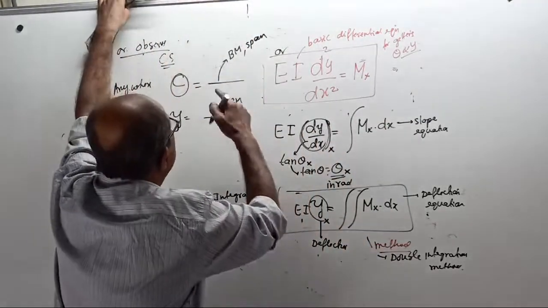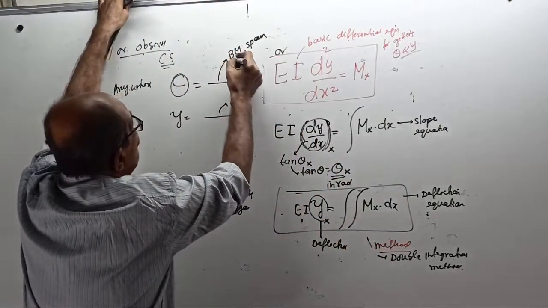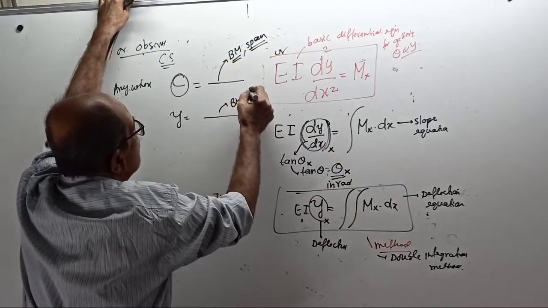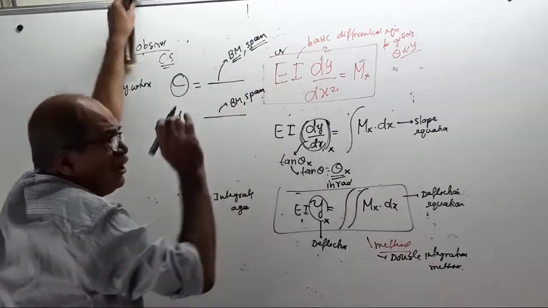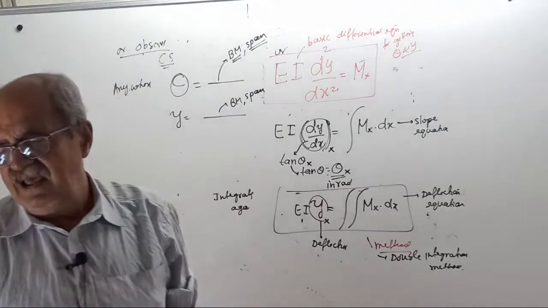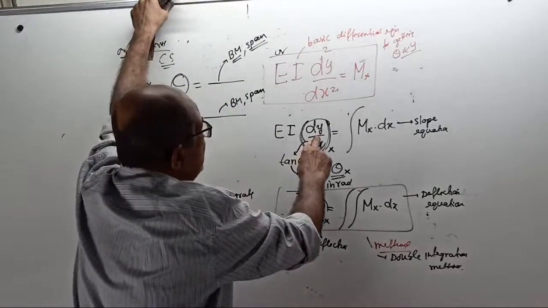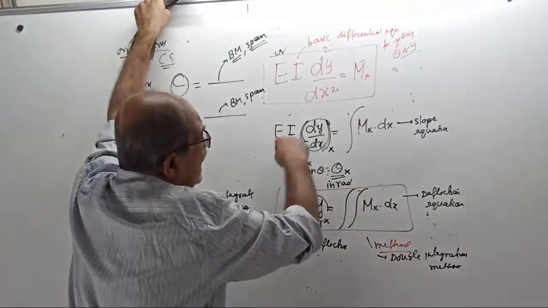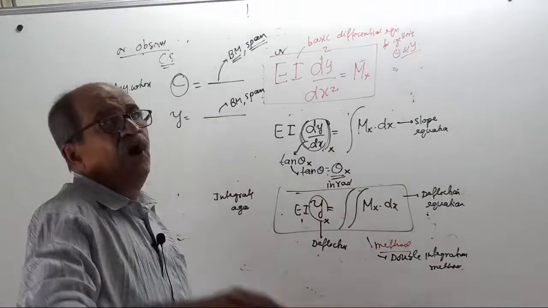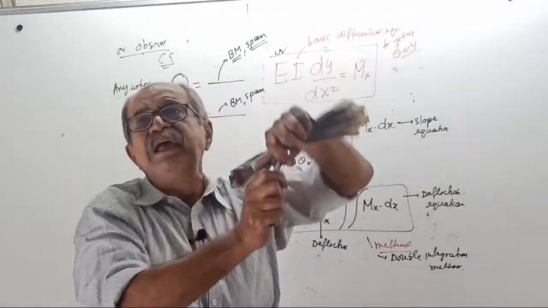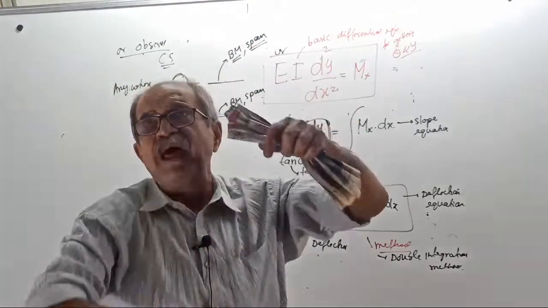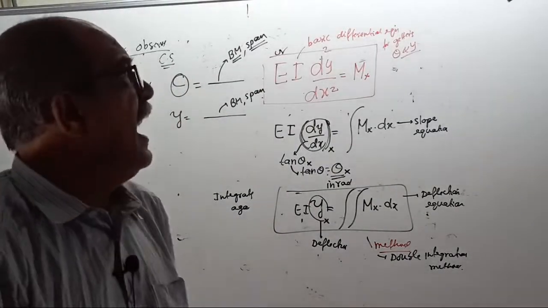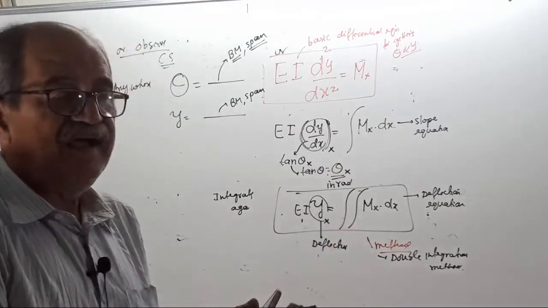So how much the beam is rotating or deflecting, in the numerator, bending moment and span terms will be there. Yes or no?